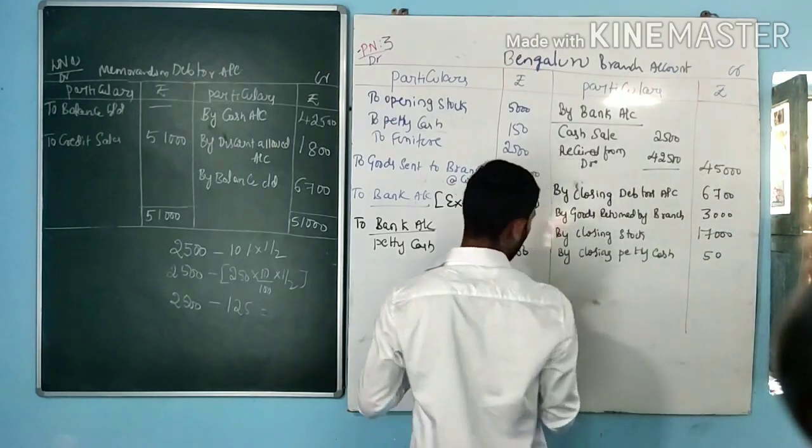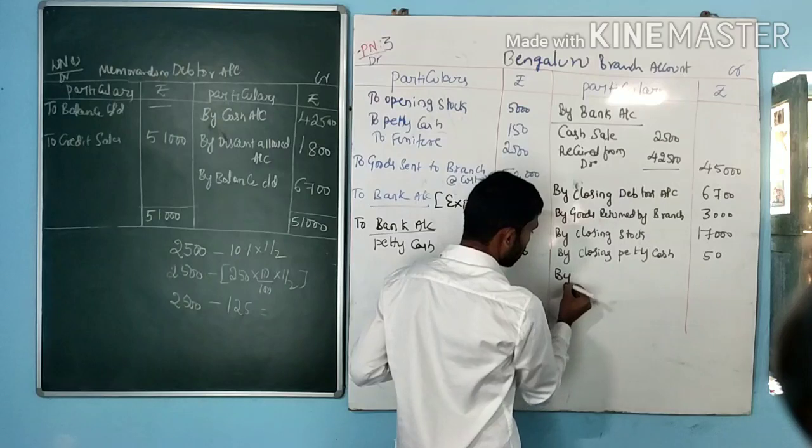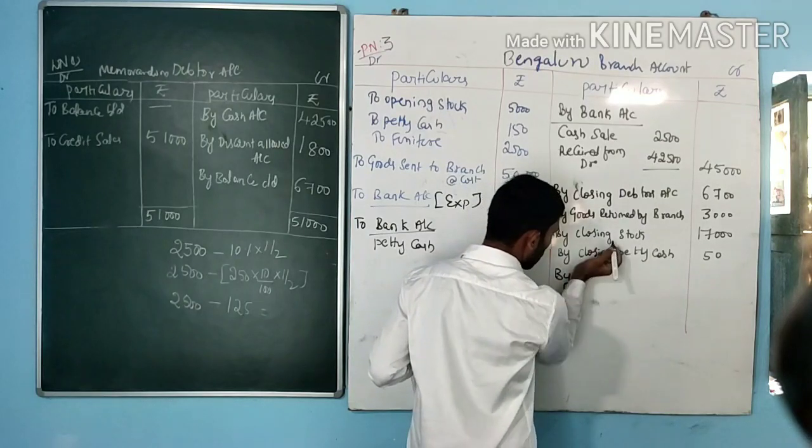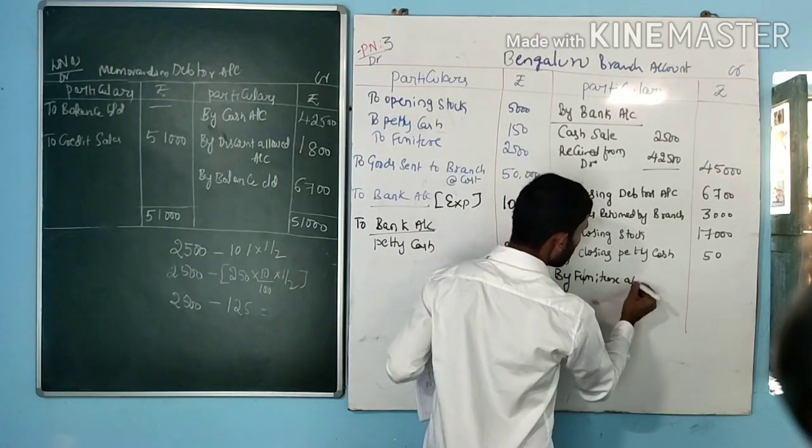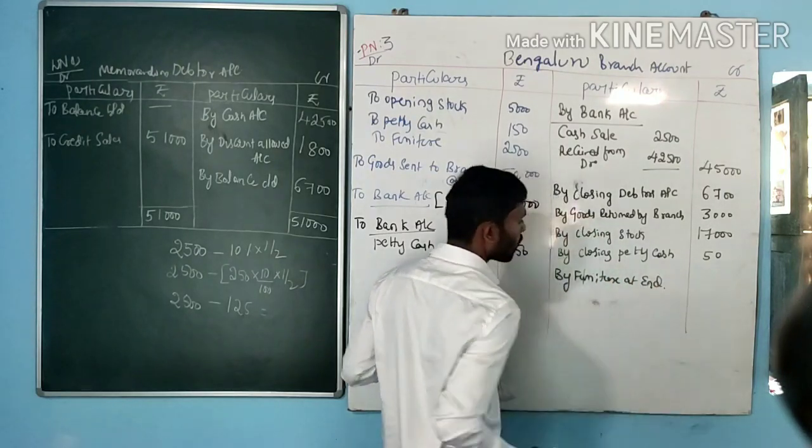Next, and the last one is by closing furniture, or furniture at the end. How to calculate the closing furniture?